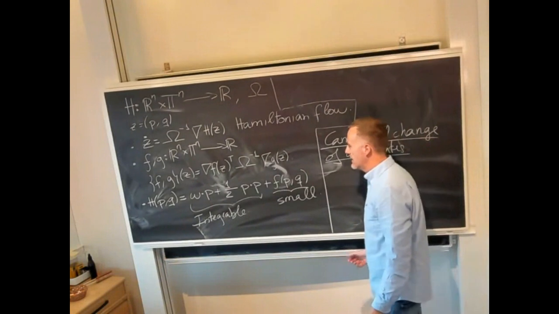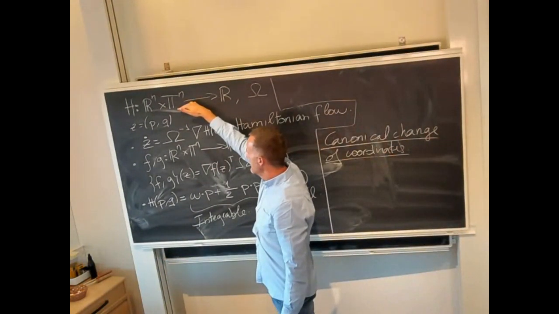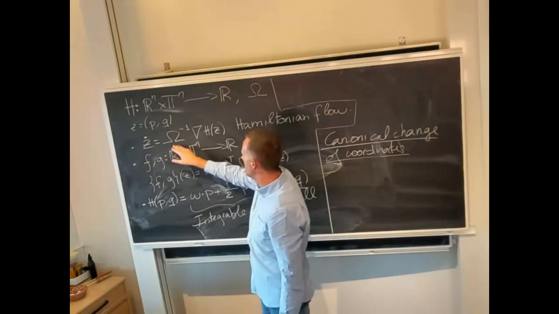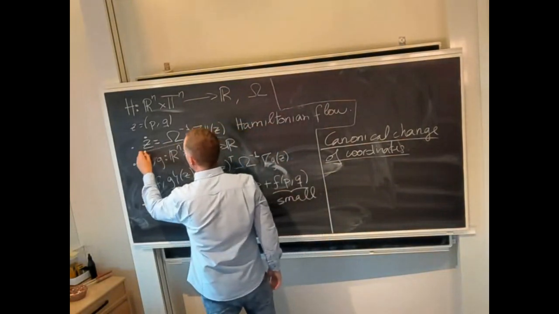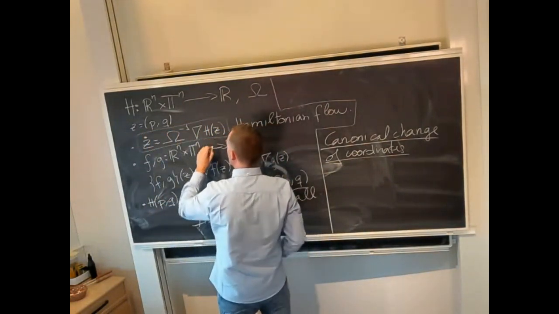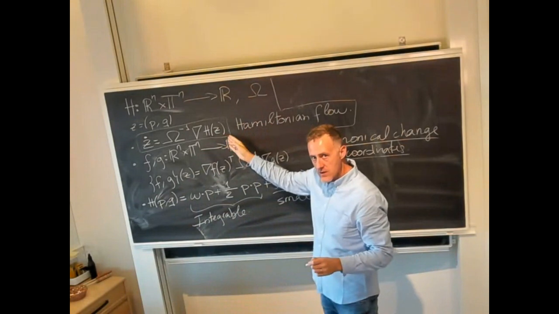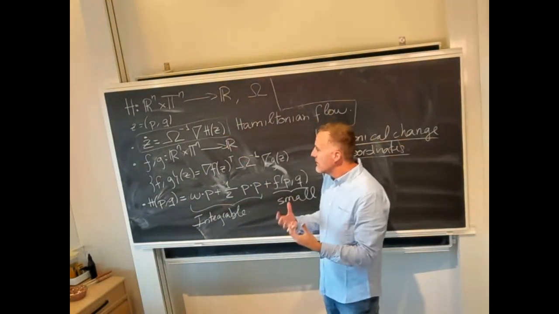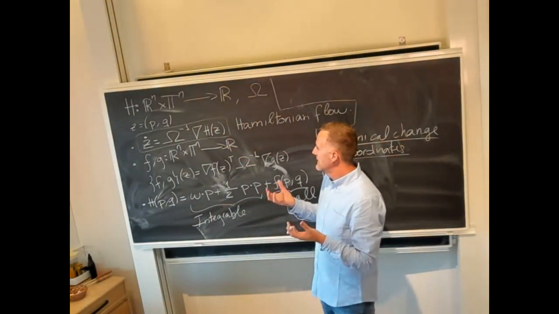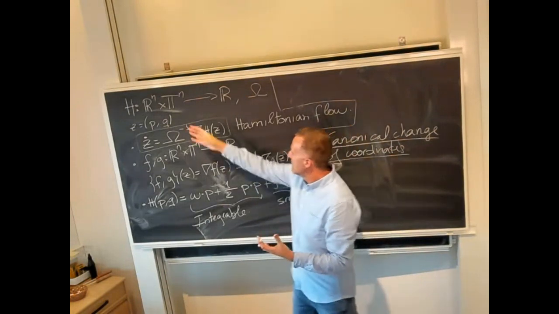From this Hamiltonian, from this function, we have an ODE, and we are always interested in studying the orbits of this ODE. The beautiful thing is that this ODE is constructed from this function.